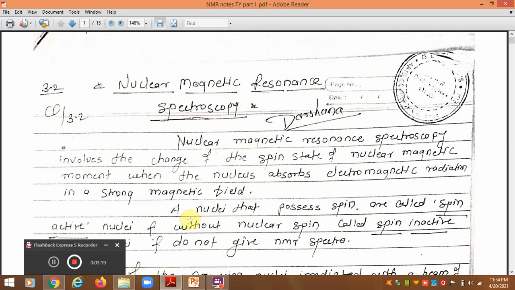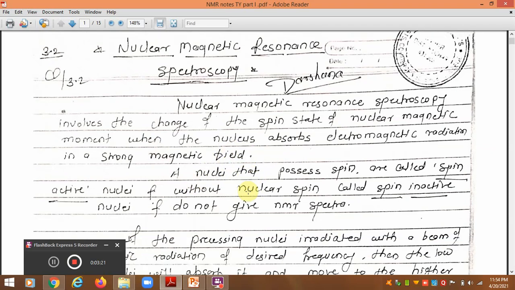Again, if we talk about the nucleus, there are different types of nuclei on the basis of their spin. The nuclei which possess spin are called spin active nuclei, and these are the nuclei which can show NMR spectroscopy. The nuclei without nuclear spin are called spin inactive nuclei, and the spin inactive nuclei do not give NMR spectra.